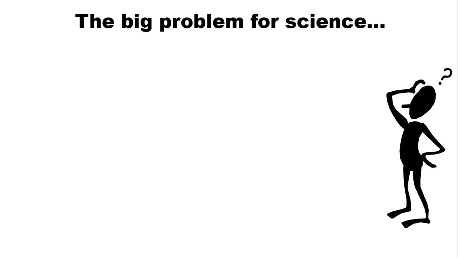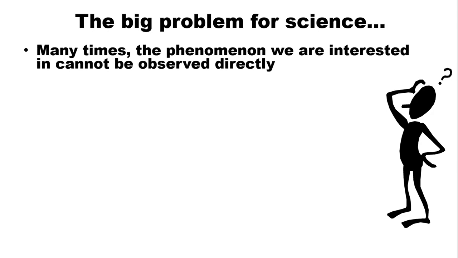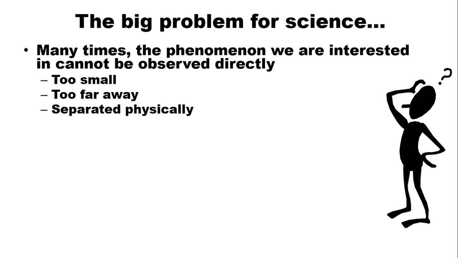But the big problem we talked about for science is that in a lot of cases where we're interested, we cannot observe the antecedent, the phenomenon we want to know about. It might be too small, like an atom. It might be too far away, like a distant galaxy. It might be separated from us physically, like the center of the Earth.